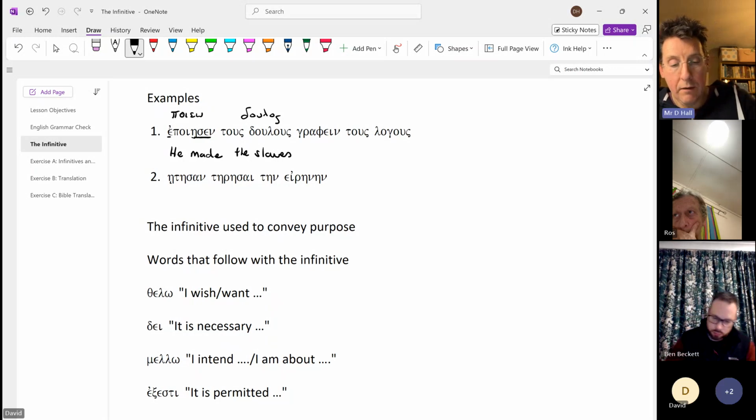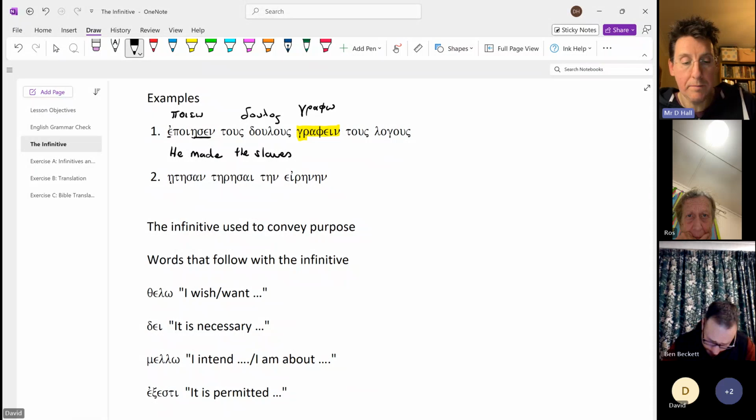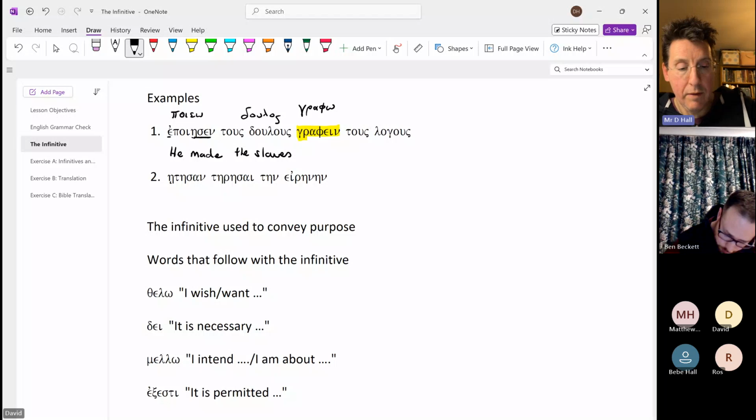And then this is our infinitive here, graphein, and that comes from grapho, which is to write. So if we literally put it, we would put to write, but it won't make sense for us. So he made the slaves write. You could put to write. And then tous logous.